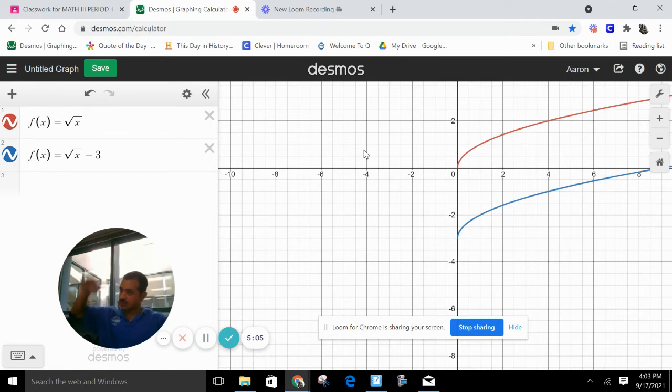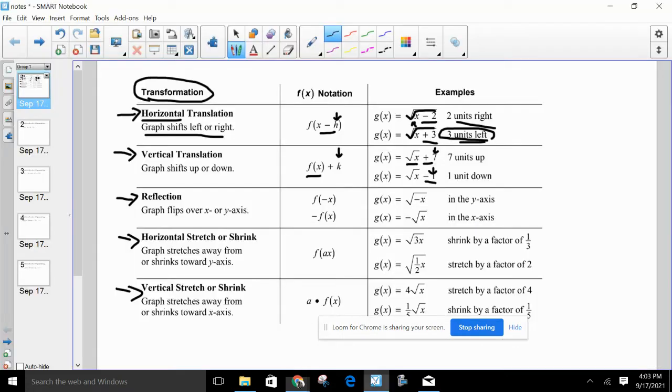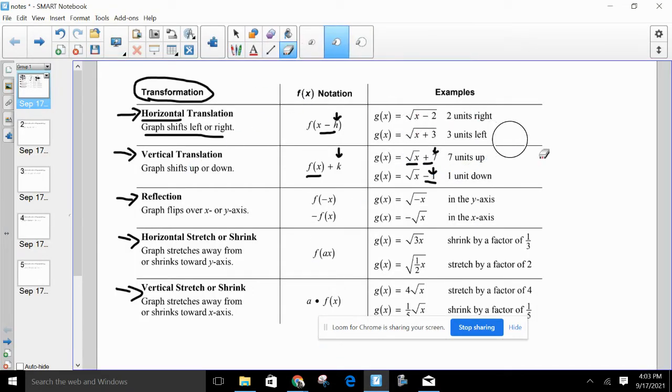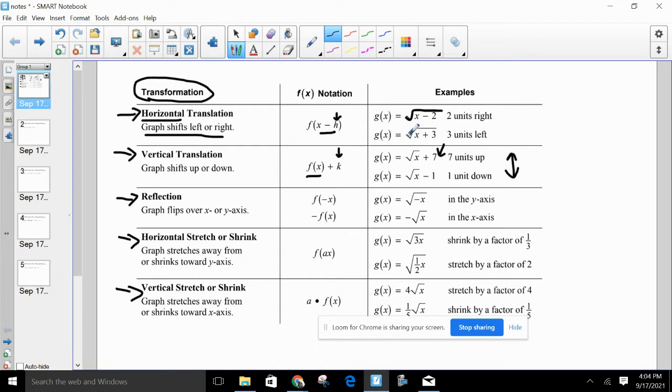Vertical translation is up or down, horizontal is left or right. And all it depends upon is whether the numbers you add or subtract are going to be inside the square root symbol or outside the square root symbol. If they're outside, it's going to move it up or down. If they're inside the square root symbol, you're moving horizontally, left or right.